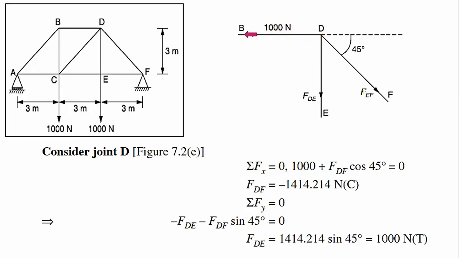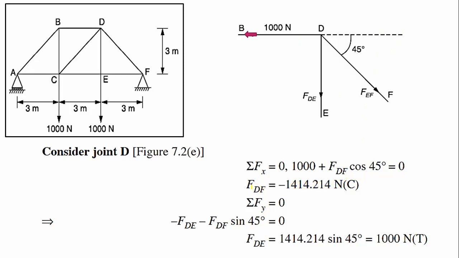Next is FDF, this is not DEF, this is DF, right? FDF, if you resolve, it is going to move towards right side, therefore positive, therefore plus FDF along the angle we are resolving, therefore it is cos of 45 degrees, that is equal to 0. If you solve this, you will get the value of FDF as 1414.214. You are getting negative answer, that means it is in compression.